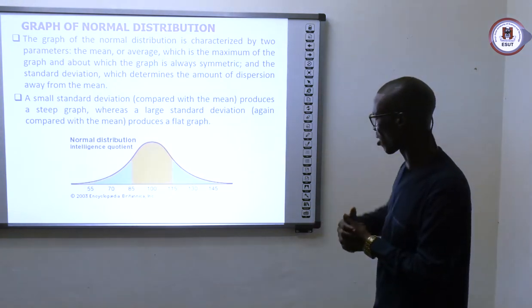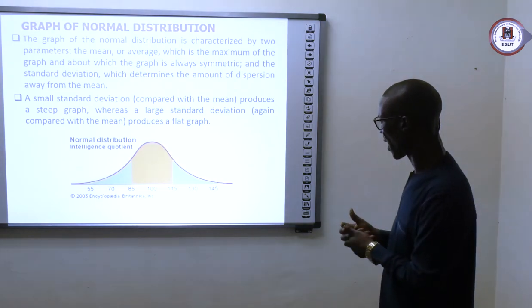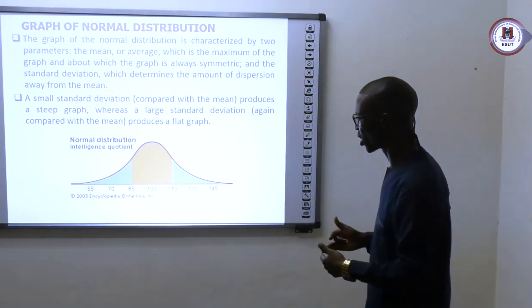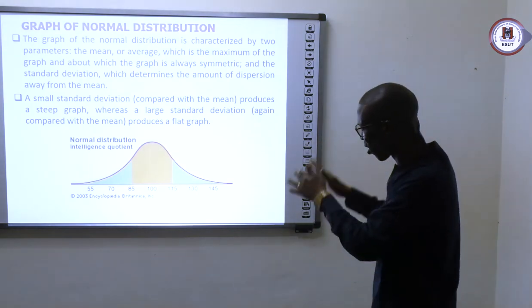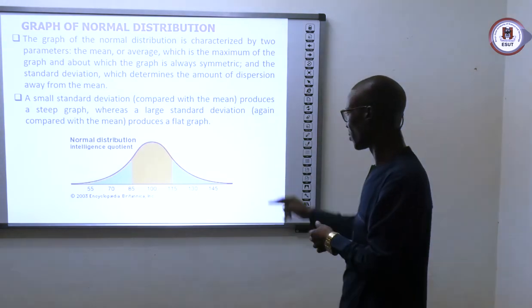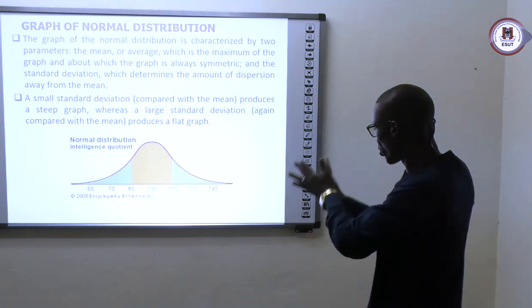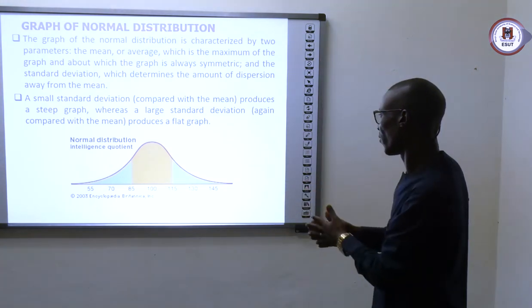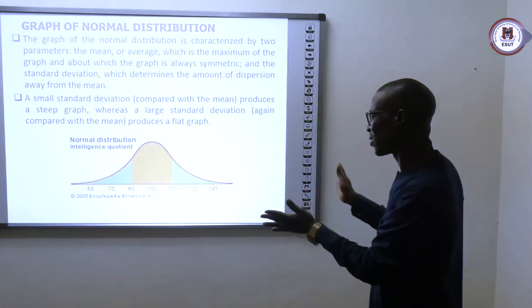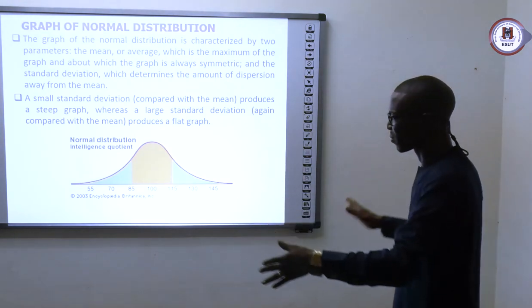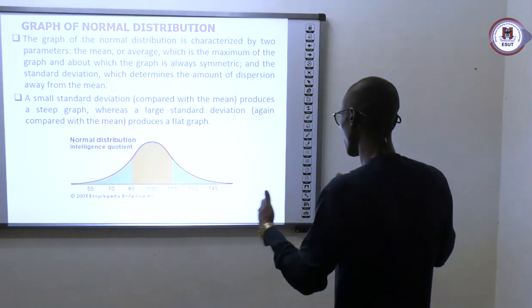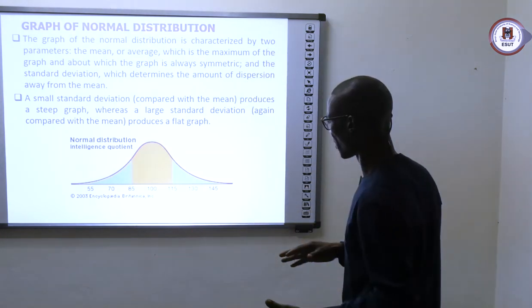So you see a normal distribution on the board that has a U-shaped curve. The yellow color here shows the normal curve of the distribution of intelligence quotient. This is typical; in this case, it did not skew towards one side.